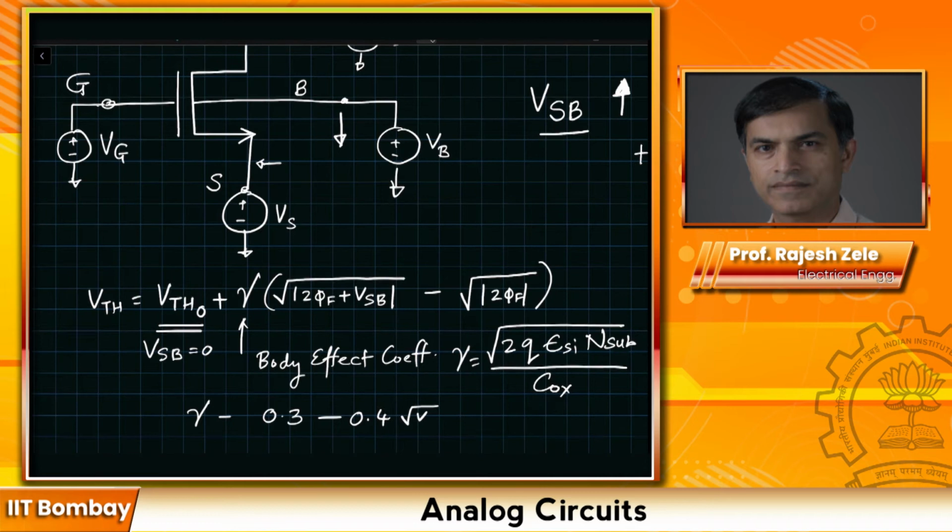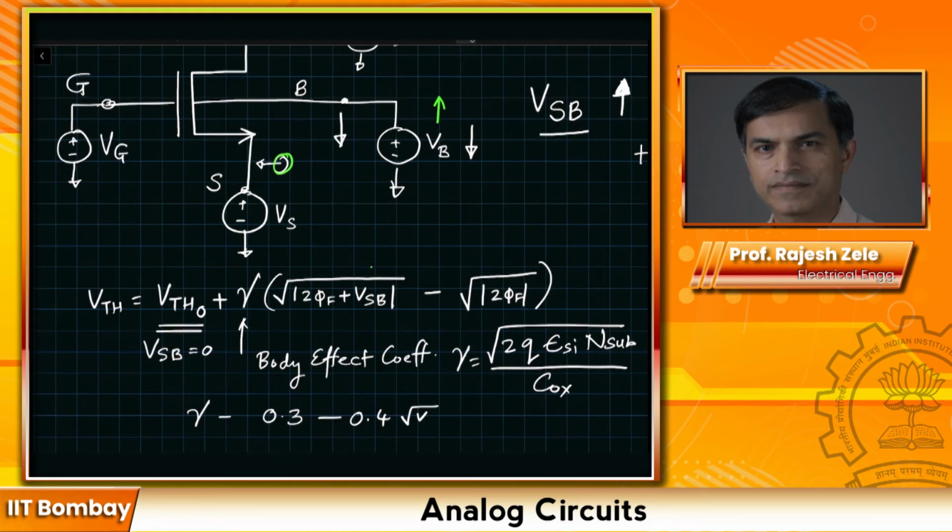That's the unit. Another interesting observation: you could say, hey, you're telling me that if I reduce bulk potential compared to the source potential, then my VTH increases. Then I could go the other way around also, right? I can increase the bulk potential compared to the source voltage, which is right here.